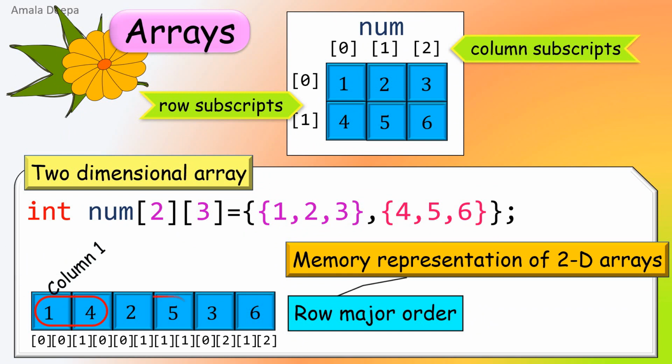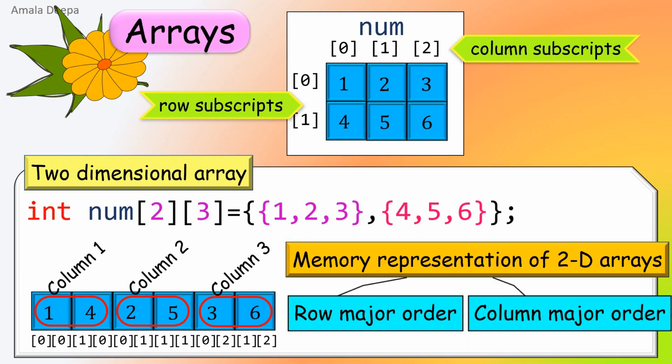The elements 2, 5 make column 2 and 3, 6 is column 3. This type of memory representation is called column major order. In column major order, the elements are stored column by column in continuous memory locations.